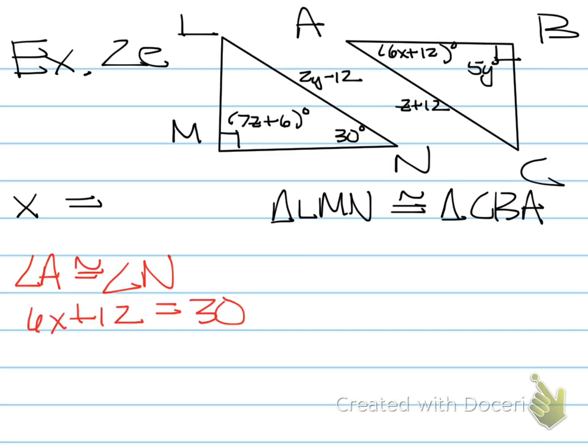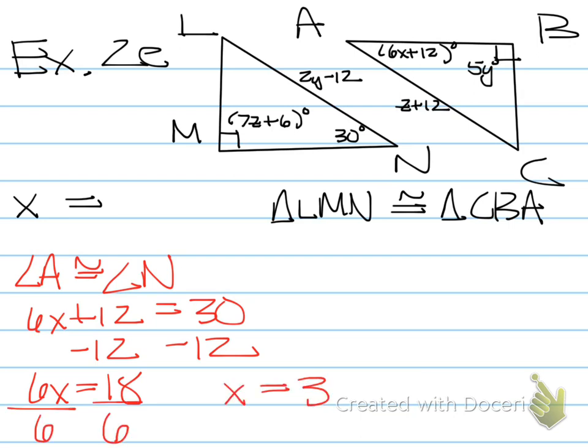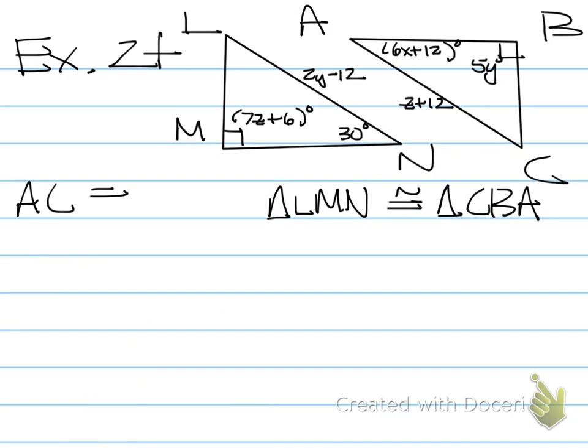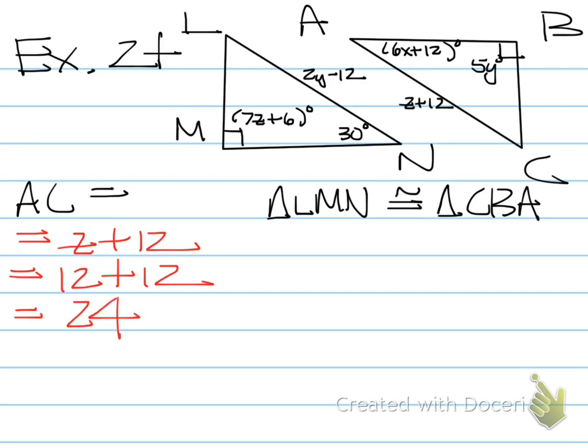Solve for x by subtracting 12 from both sides, and then divide both sides by 6, and x equals 3. And then AC, we're going to find by setting the expression for AC, which is z plus 12. So we're going to replace z with the value that we found a couple slides ago. We determined that z was 12. 12 plus 12 is 24.